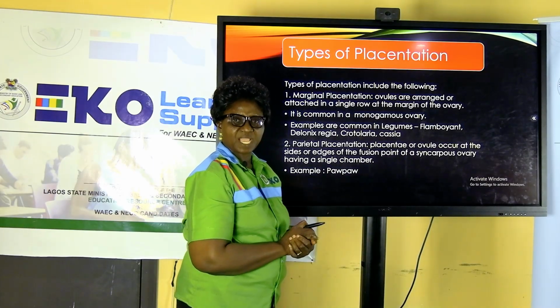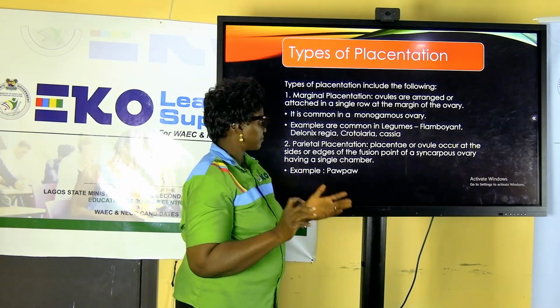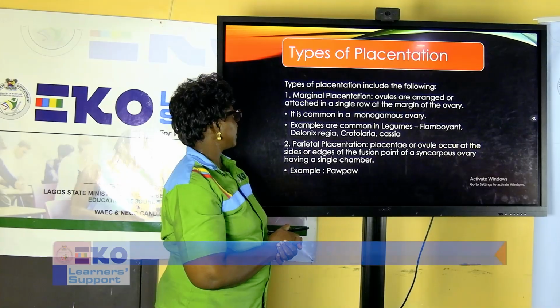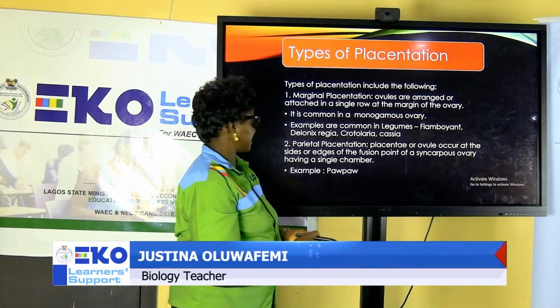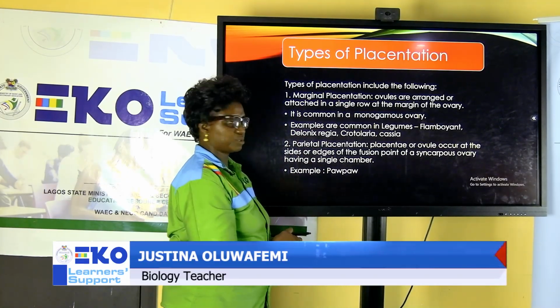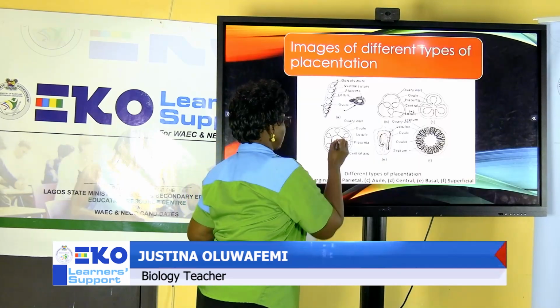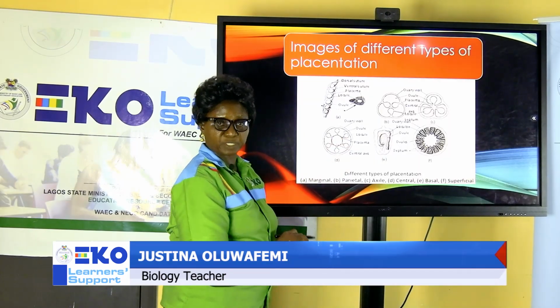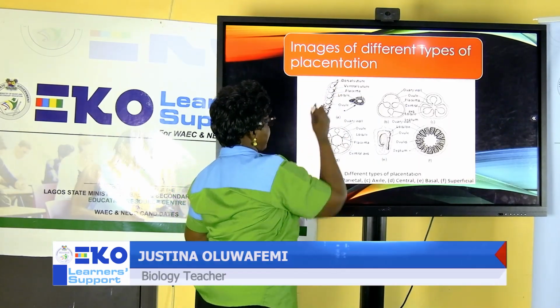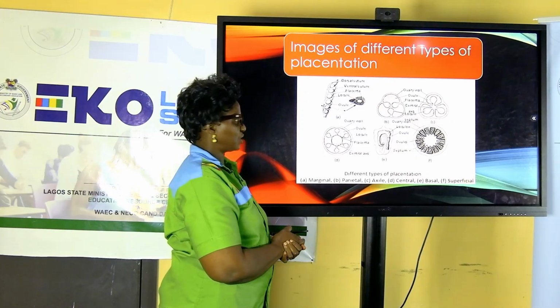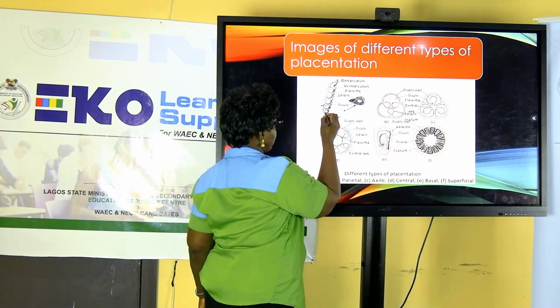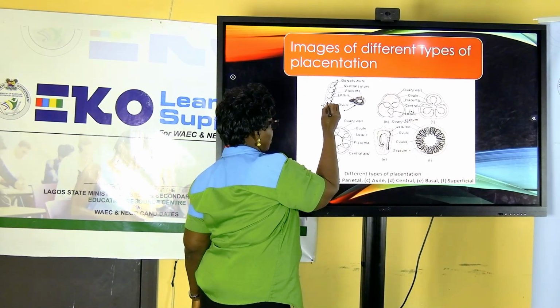We want to consider the features of each type. The first one that we'll be looking at is marginal placentation. Let's go back to the picture. When you look at this, here is an ovule, this is another ovule, we have yet another one.